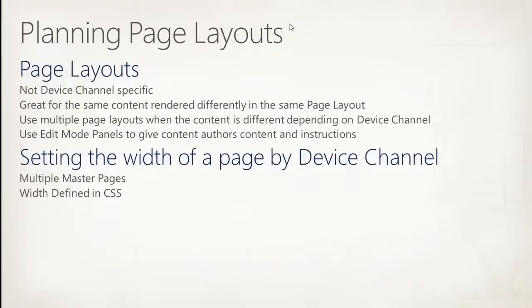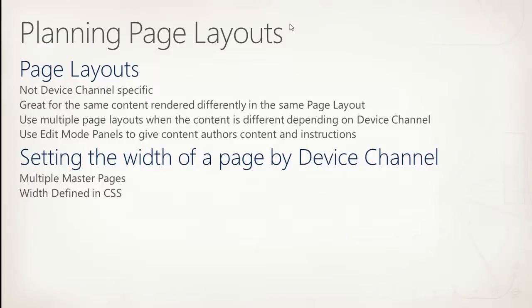Now, planning your page layouts takes a little bit more care than it does with your device channel. Your page layouts are not really set specific to the device channel with that kind of menu we saw before. The page layouts are going to need to have other techniques baked into them, which I'm about to show you on the successive slides, that allow them to adapt and render the content based on the channel you're working in.